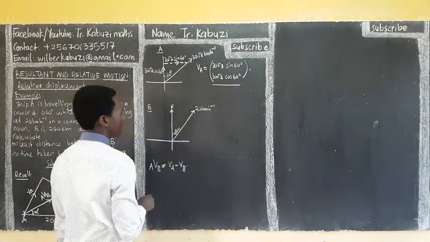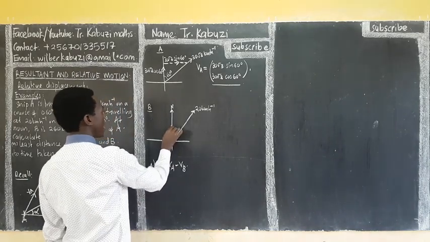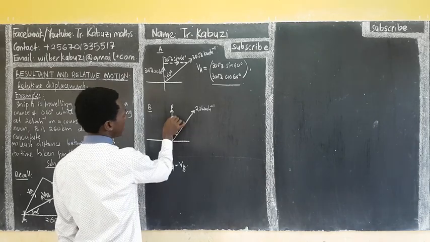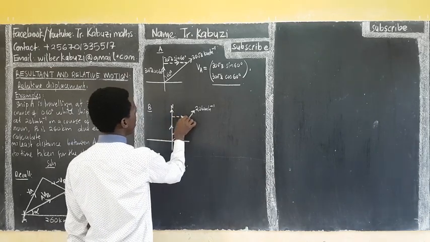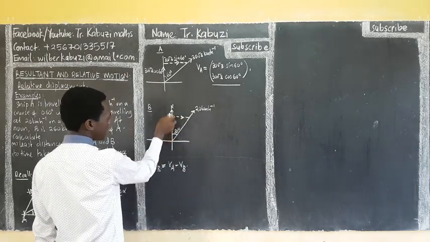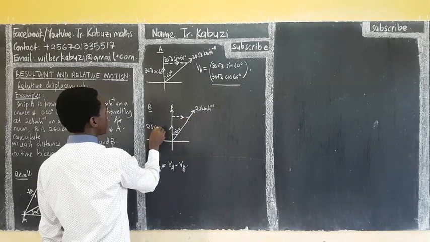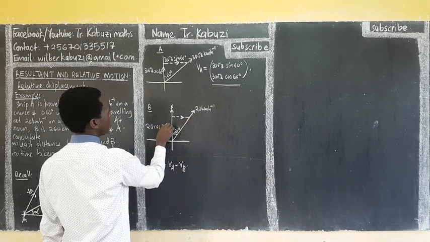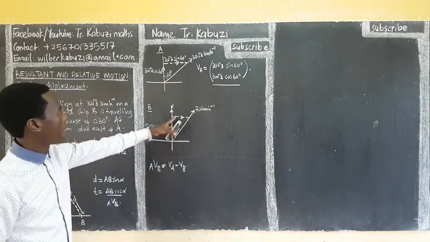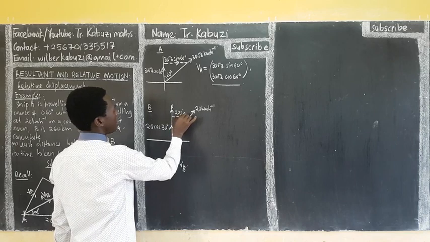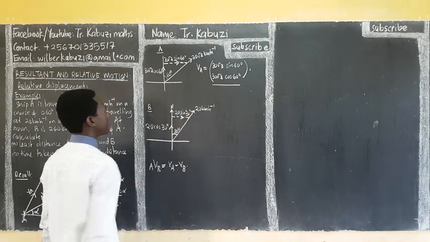Let me come to the velocity of B. I also move like this because my angle is here, so I move like this vertically. Then it shall also move like this horizontally. Because this is adjacent, it will be 20 cos, because cos goes with adjacent, then this will be 20 sine 30 degrees.